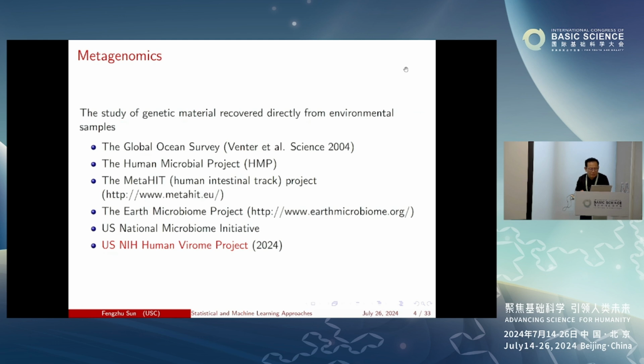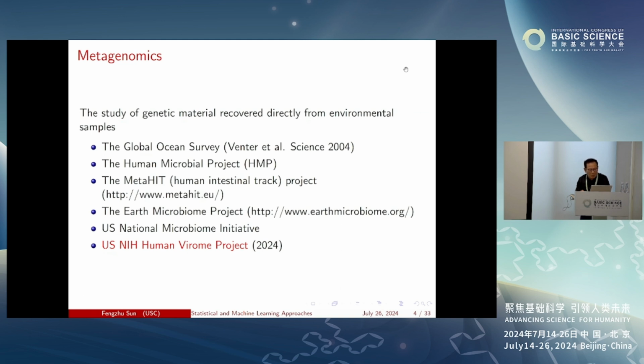After that, there is the Human Microbiome Project to study the microbiome in various parts of the human body. And then there is the European MetaHIT project, to study the microbiome in the intestinal tract and how that relates to disease.